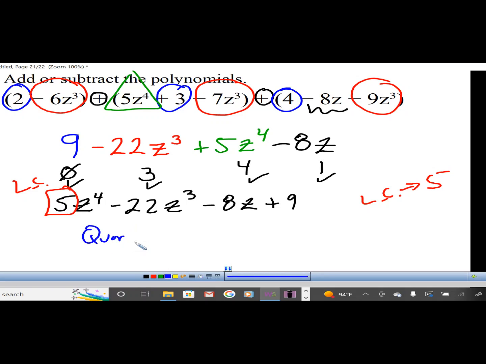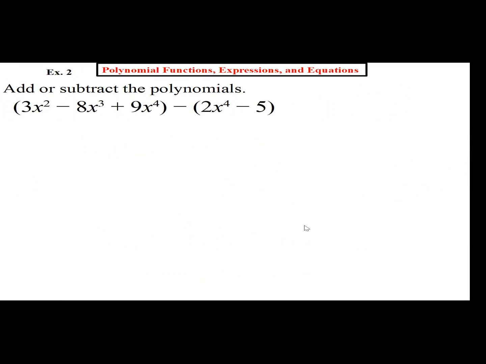Yeah, quartic, but it's the highest degree is 4, and it's polynomial because it has 4 terms. All right, we good? All right, let's go to this next one, example 2. Copy this one. Example 2, we got parentheses 3x squared minus 8x to the third plus 9x to the fourth, close parentheses, minus parentheses 2x to the fourth minus 5, close parentheses.